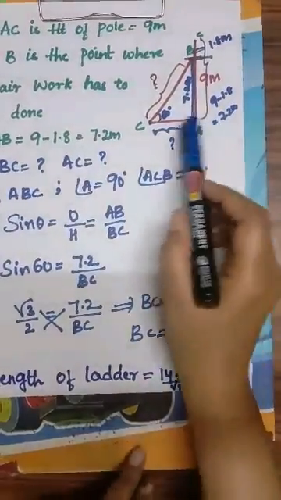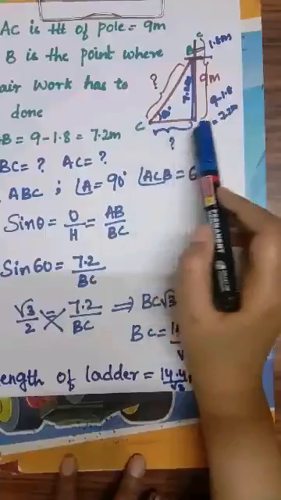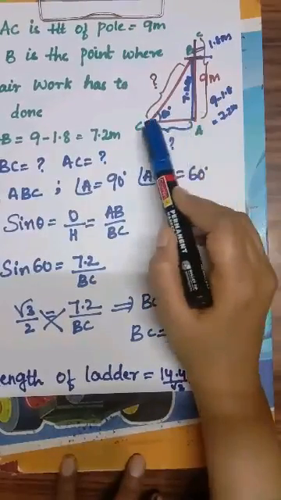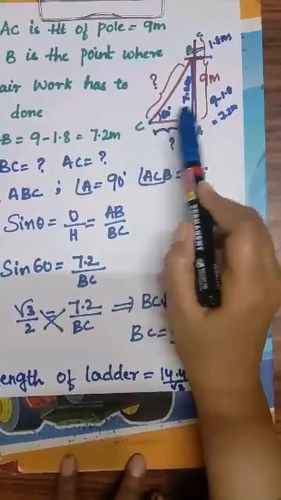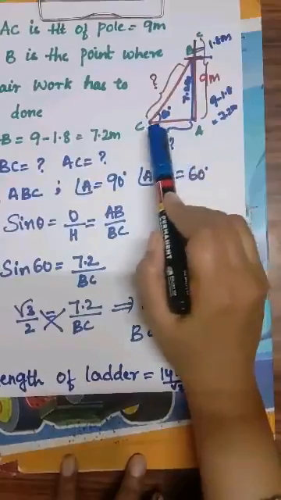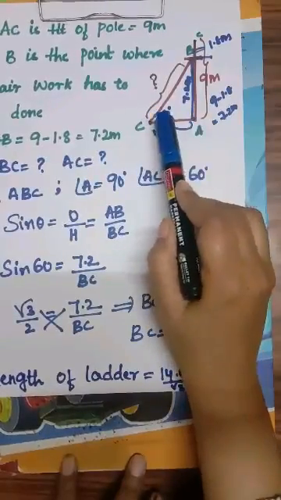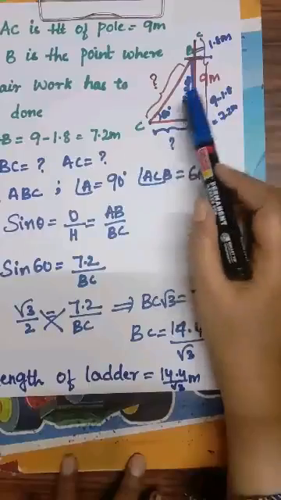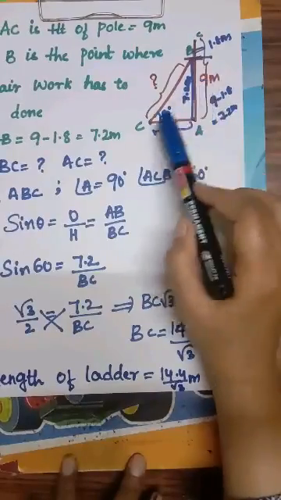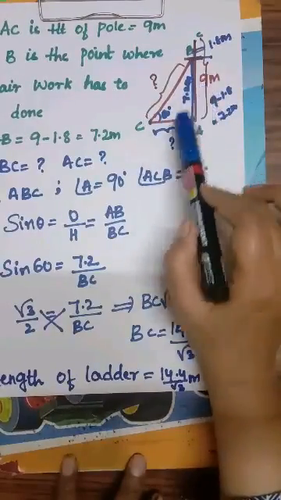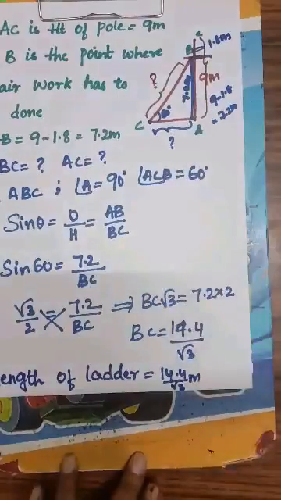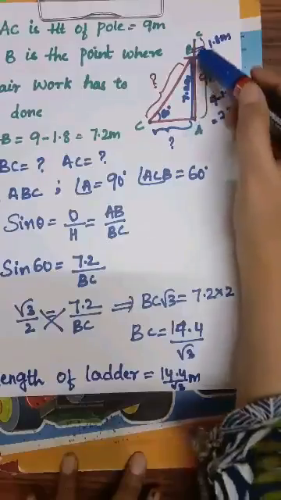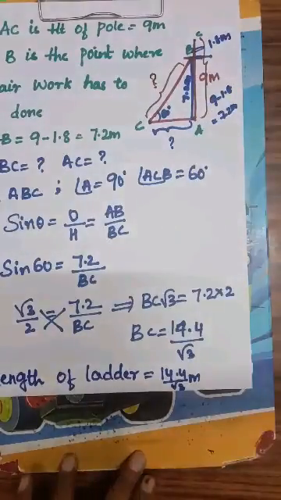Now we have to find AC. AC is the distance between the foot of the pole and the foot of the ladder. हमको ये एडजेसेंट वैल्यू फाइंड करना है. एडजेसेंट, ये थीटा है, ये ऑपोजिट है, ये एडजेसेंट. मैं आपको हमेशा बोल रही हाइट या डिस्टेंस, ये बोल तो डिस्टेंस ही है ना. हाइट और डिस्टेंस कभी भी दिया तो tan थीटा यू शुड यूज इट. सो tan थीटा इज इक्वल्स टू O by A, दैट इज AB by AC.